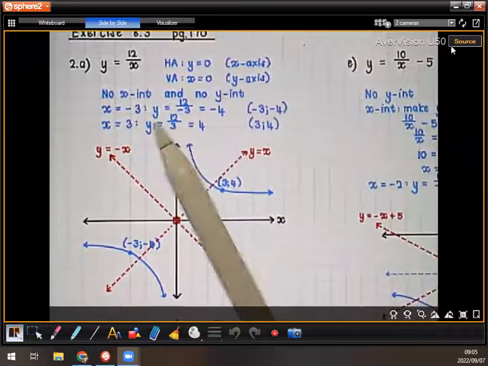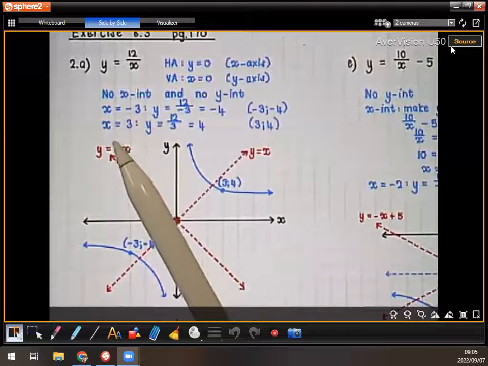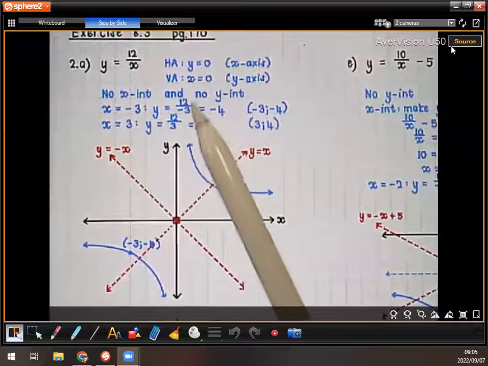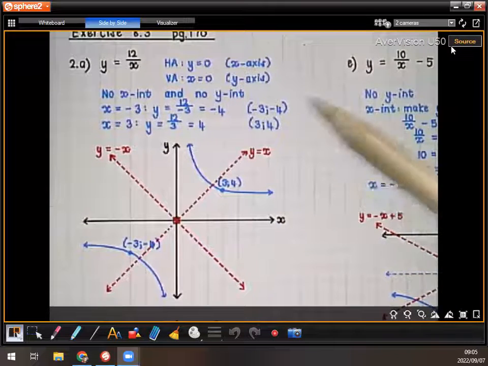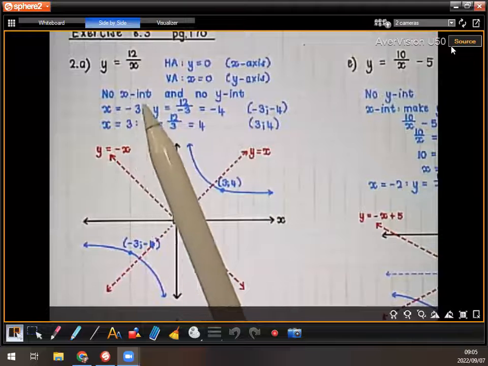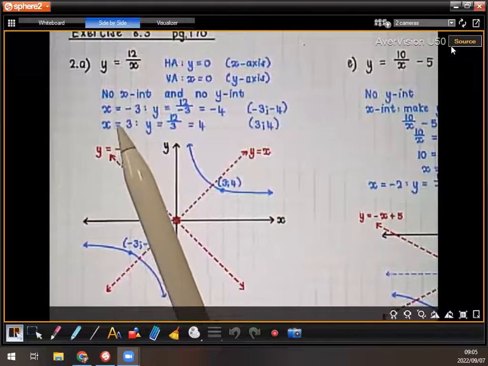So I decided to sub in -3 and +3 because if I subbed in -1 and +1, I would have had to plot something at 12 and -12, right? Which I didn't want to do. So that's why I decided to sub in -3 and +3.